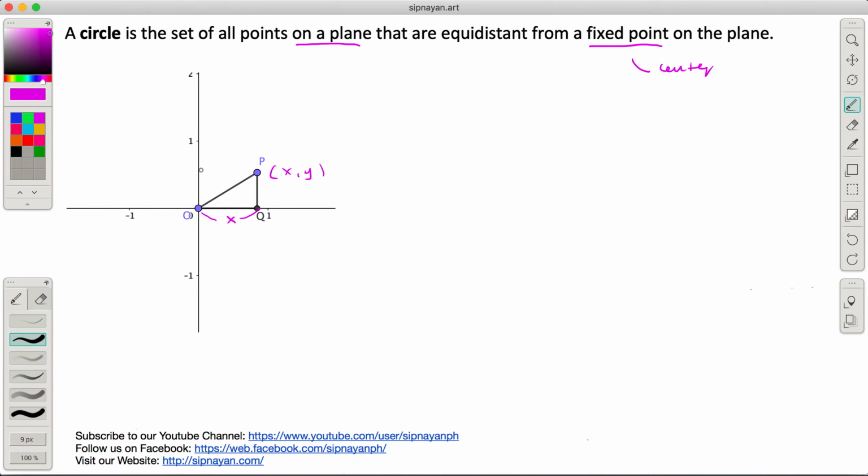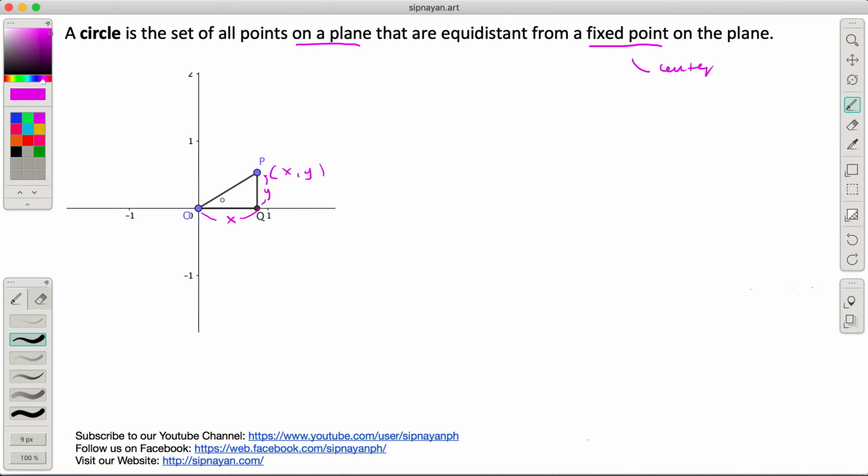So this side is also y. Even if the point is negative, we are still talking about the distance, and distance is always positive. So it doesn't matter.